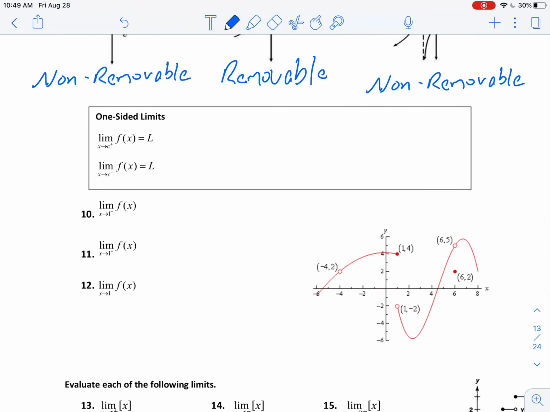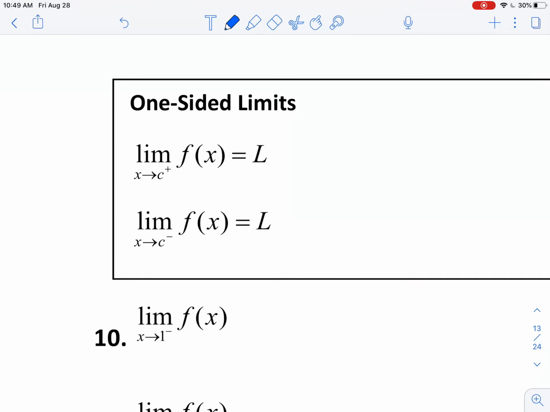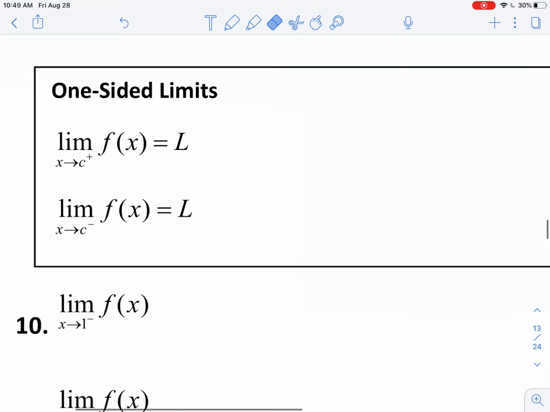All right, one-sided limits. If you look here, this looks like our limit definition from before, except we have this little plus sign or minus sign on the top right-hand corner of the x value. What these are: this top one is read the limit as x approaches c from the right.